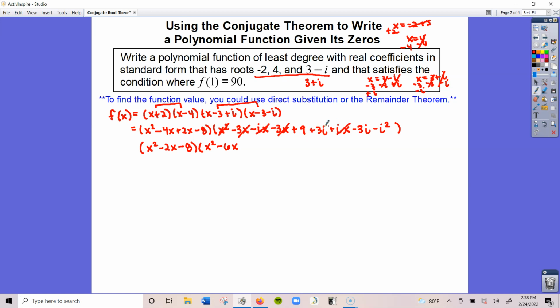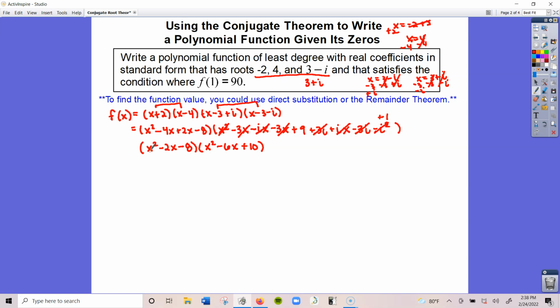Then I have this 3i and this negative 3i, these will also cancel. And we know that negative i squared is going to end up being positive 1, since i squared is negative 1 and the negative in the front, a negative negative makes it positive. So I can combine the 9 plus 1, which is plus 10. And you see now in this factor here, we no longer have any i's.